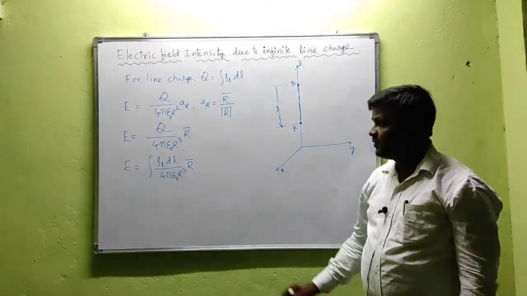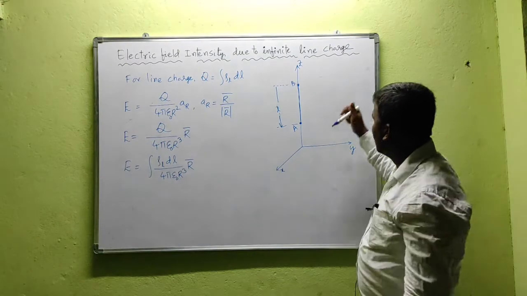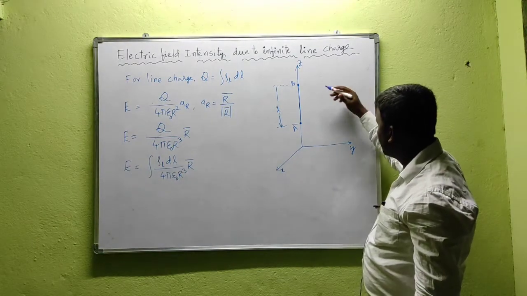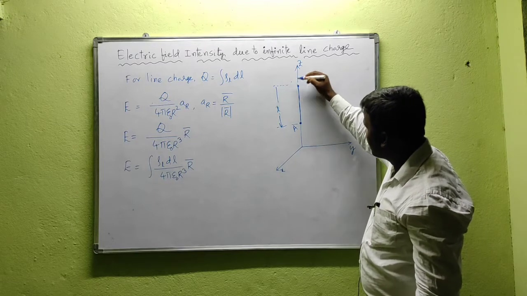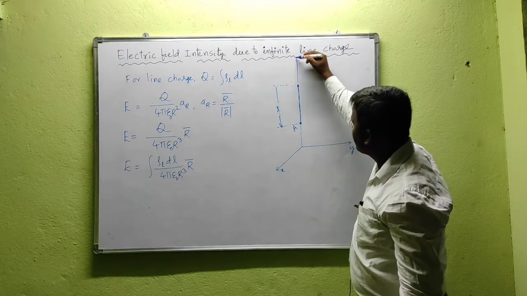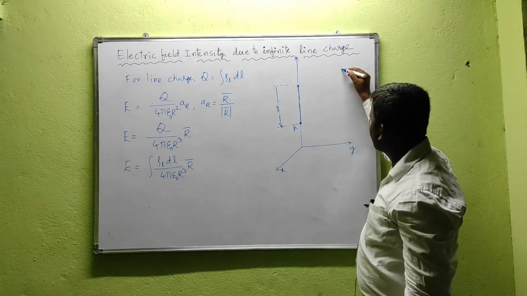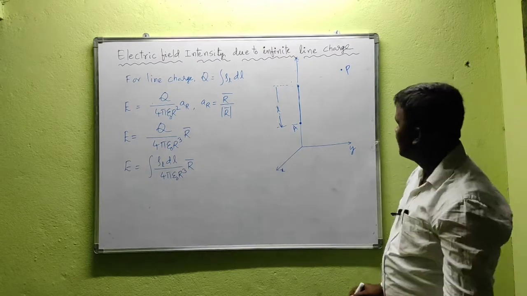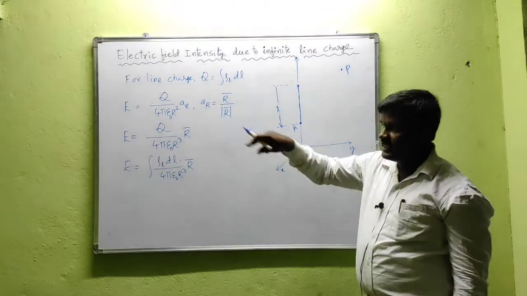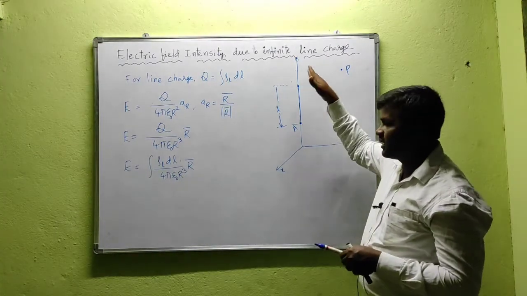In order to find the field, we require the field point. Let us take the field point at this location. Field point is P, and in order to get that E, we require source. Source is nothing but line charge.